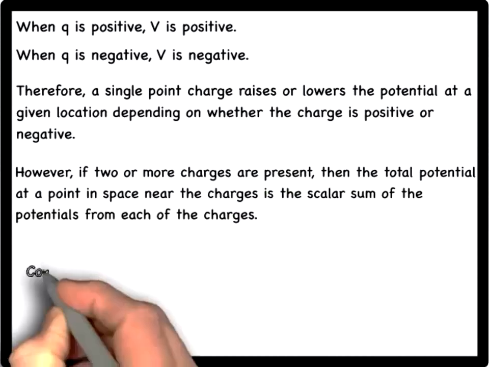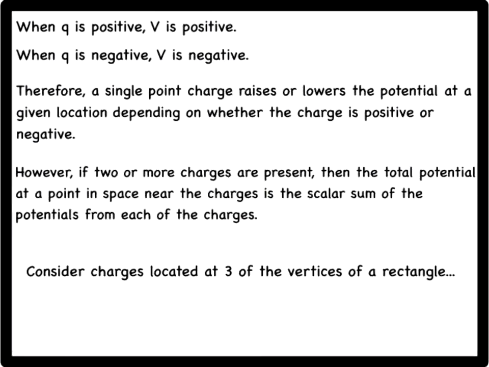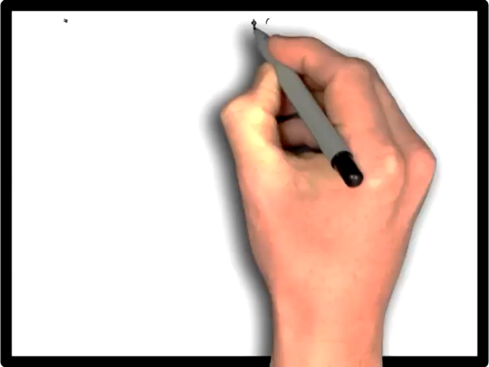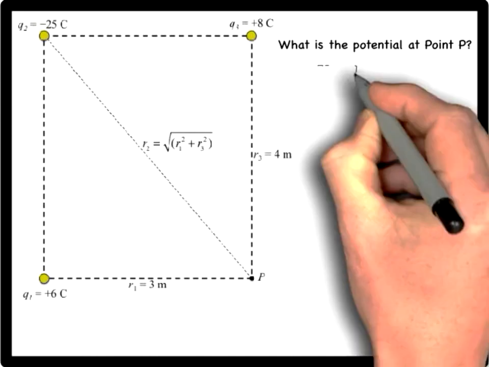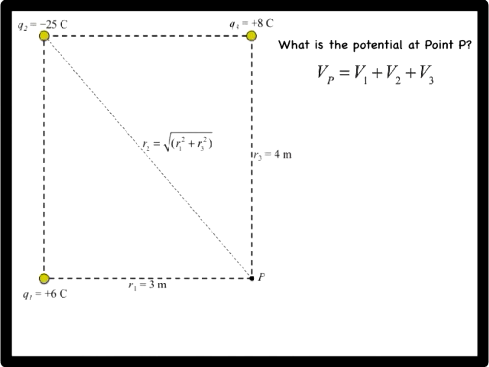For example, let's say that 3 point charges are located on the vertices of a rectangle, as shown in the figure. We could ask, what is the potential at the empty corner at point P? If we label the charges 1, 2, and 3, then the potential at point P will be equal to the scalar sum of the potentials from each of the charges.